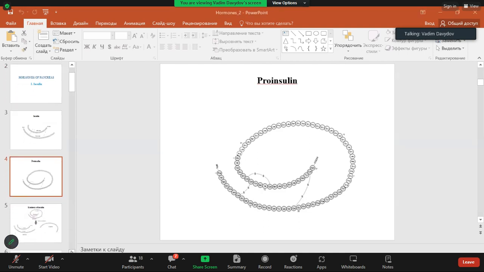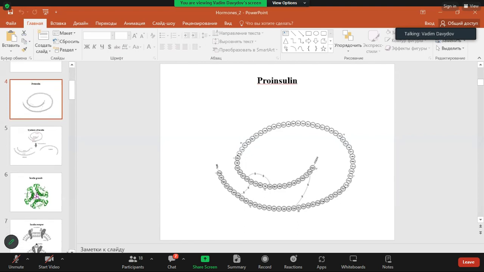But that precursor undergoes the effect of a special proteolytic enzyme. This enzyme has a property like trypsin, and as a result preproinsulin loses 24 amino acid residues and transforms into proinsulin. So, in other words, proinsulin is the product of restricted proteolysis of preproinsulin.